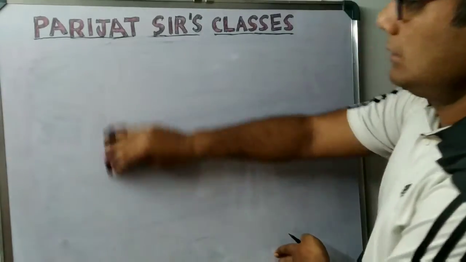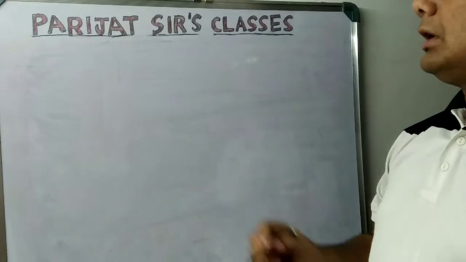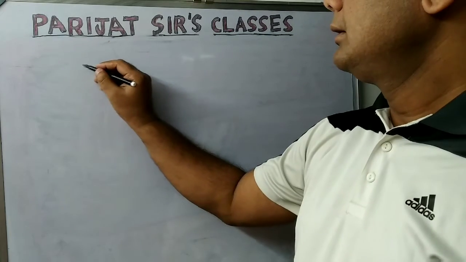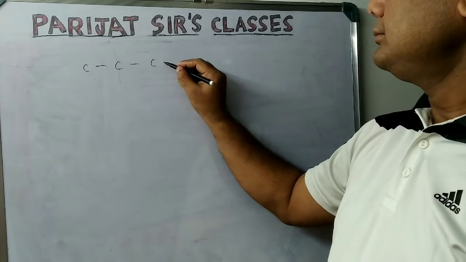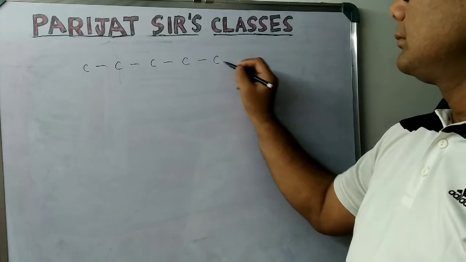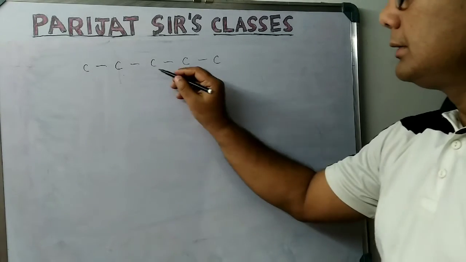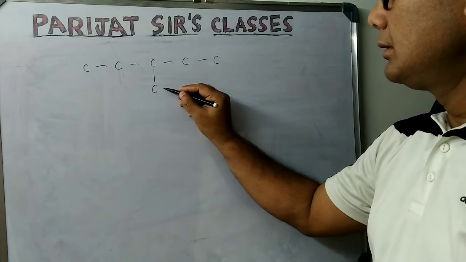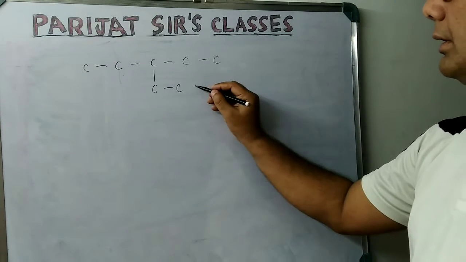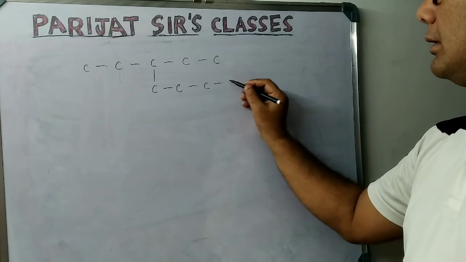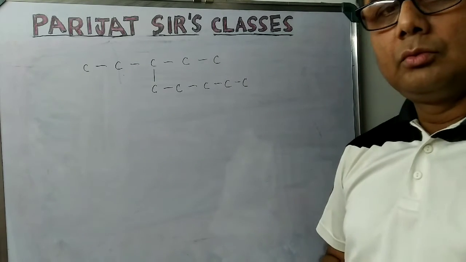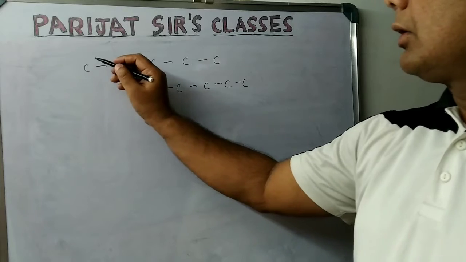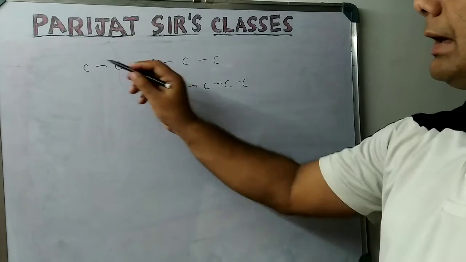So let's start with a simple thing. This is a chain. As I told you, all carbon atoms will have 4 bonds.